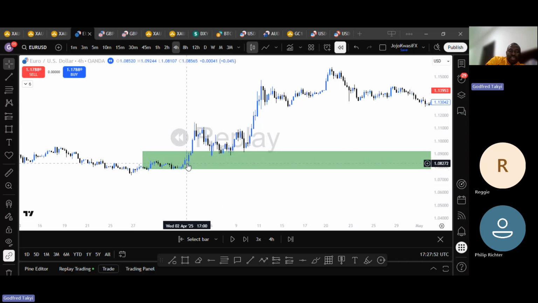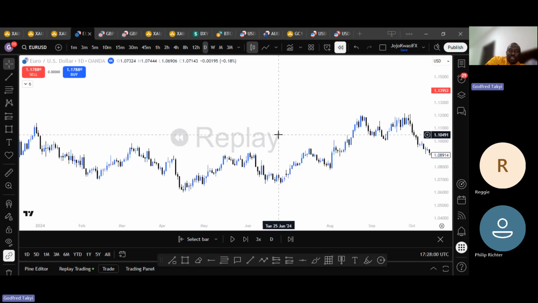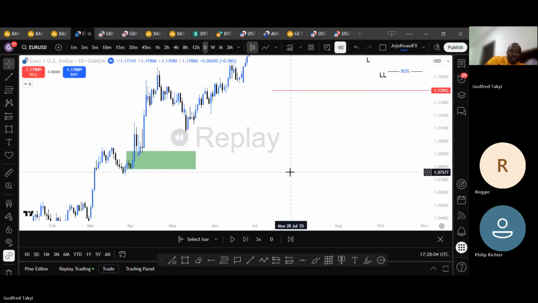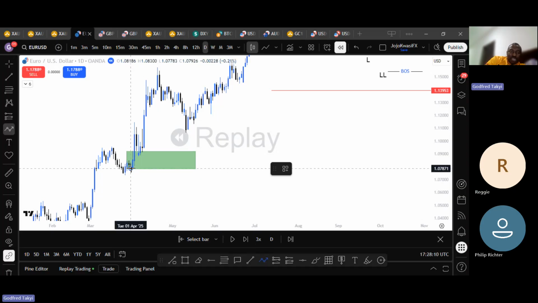On a 4 hour, you have 6 candles coming together to form a daily candle, so it may look a little different. But normally, when you are teaching order blocks, you use daily to make it look easy. So you see, price went up explosively, and it returned to the zone before it went back up.